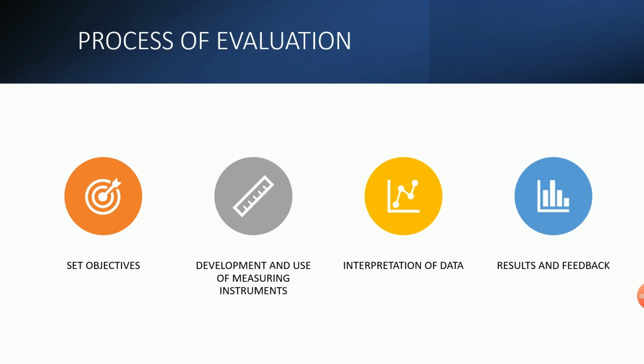Or else, there is an option in Google Form where once you click the submit button, you will get the correct answer as well as your marks at the same time. So how I am using the measuring instruments, and how I am developing them. Am I going to use a Google Form, or similarly in WhatsApp am I going to use a polling method. However I do it, that is development and use of measuring instruments.